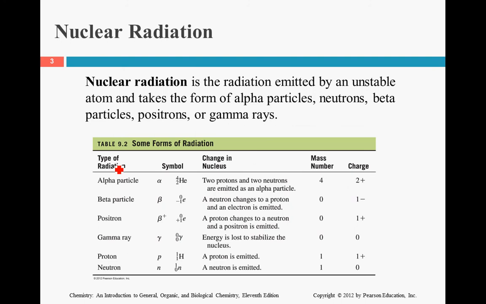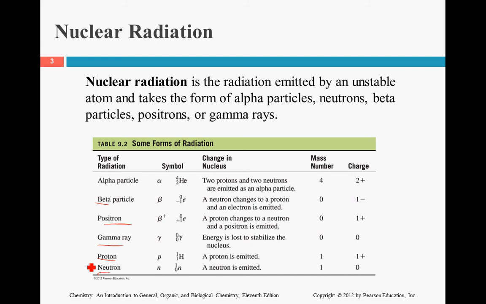So here are the main radioactive particles that we're going to be dealing with: alpha, beta, positron, gamma, proton, and neutron. These are all things that are found inside the nucleus, in the center of the atom.